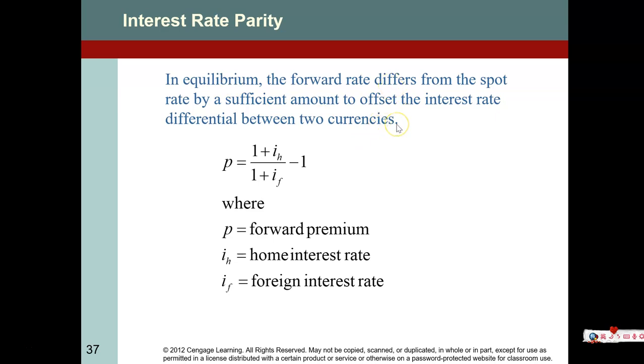In this case, if we invest in, for example, the higher interest rate in the foreign country, because of the difference in forward rate compared to the spot rate, when we exchange our currency back and forth, we will lose the additional profits that we make by investing in the foreign country with the higher interest rate.